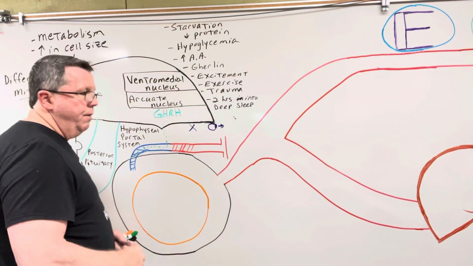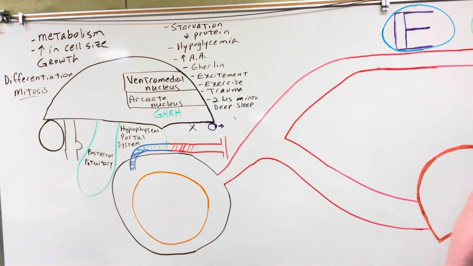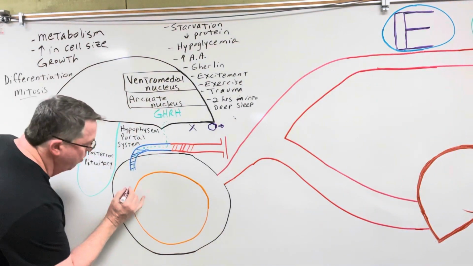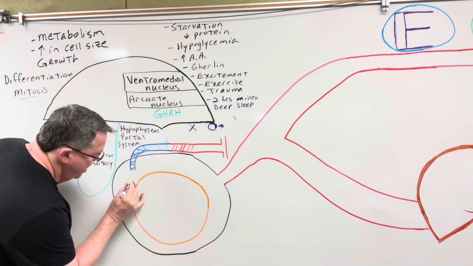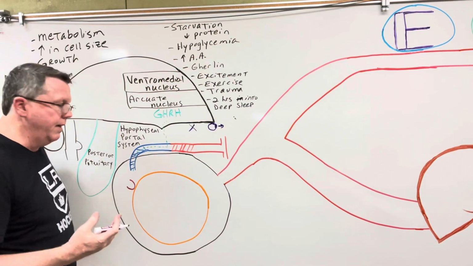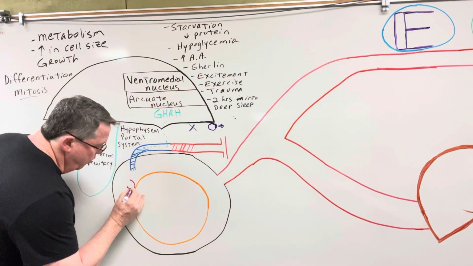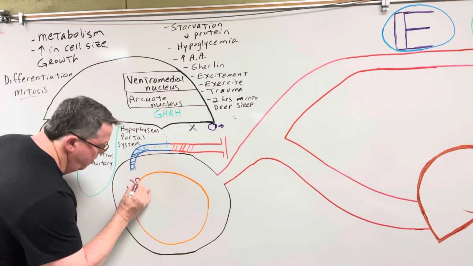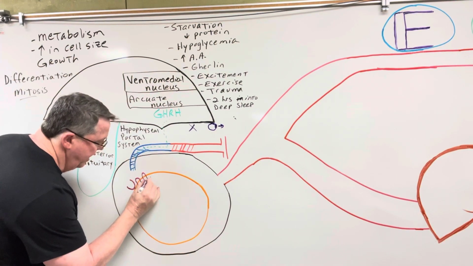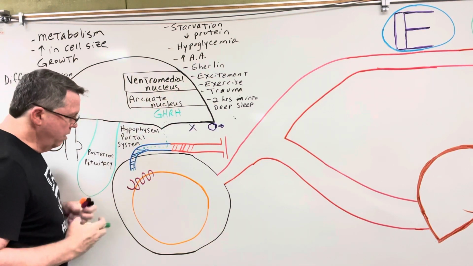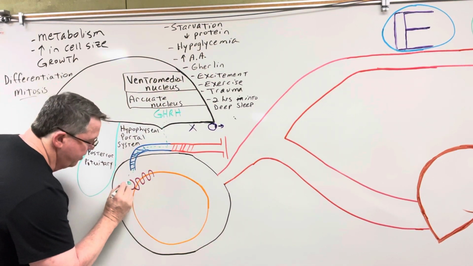Now, on the anterior pituitary, I am going to have a receptor. And if you recall, we call these the 7 transmembrane receptors. So there's my receptor. It goes over the membrane 1, 2, 3, 4, 5, 6, 7 times, right? And so my growth hormone is going to come down. It's going to activate this.